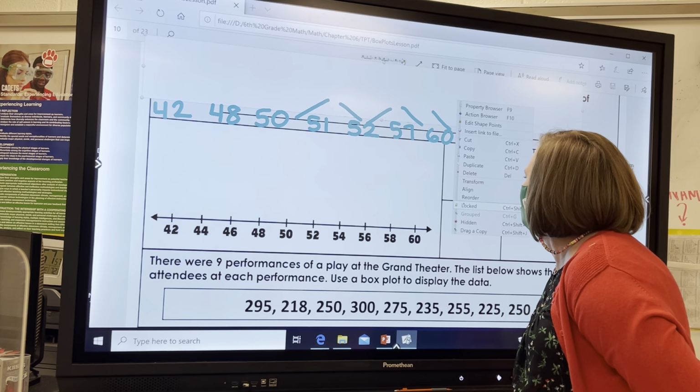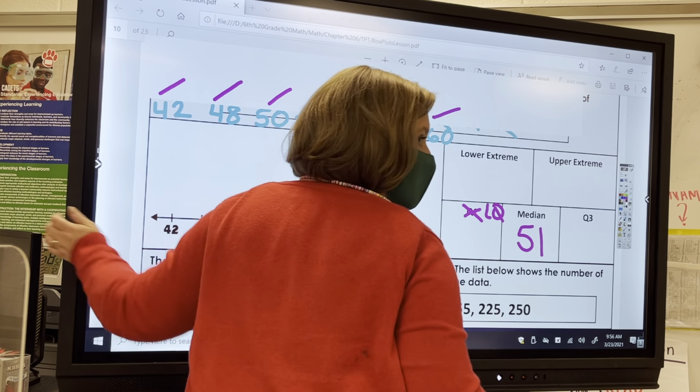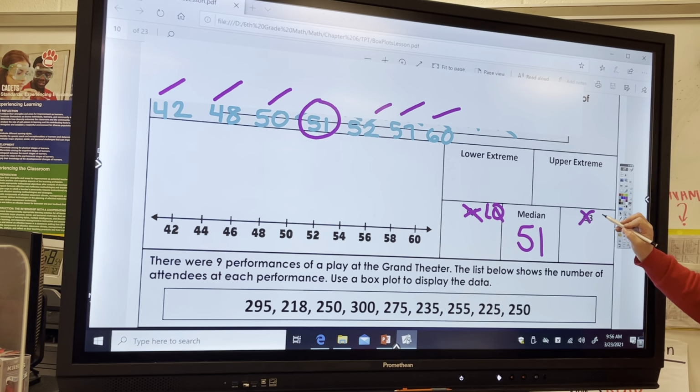I want you to go ahead and mark out Q1 and put LQ. Mark out Q3 and put UQ. And we're going to put a box around the lower part and the upper part. How many numbers in the lower part? 3. So will we have a middle number? Yep. Low, high, and what is it? 48. So where do we put that over here?